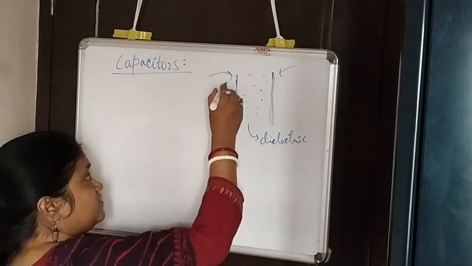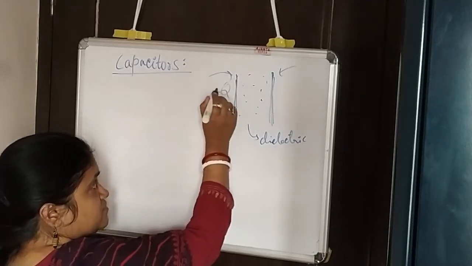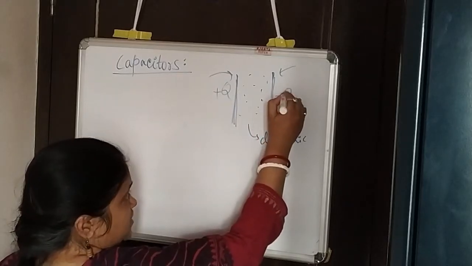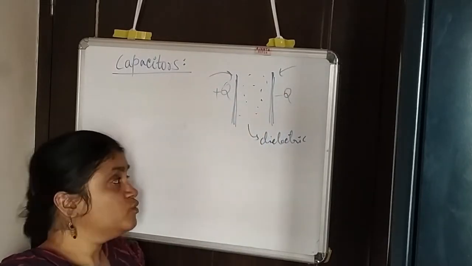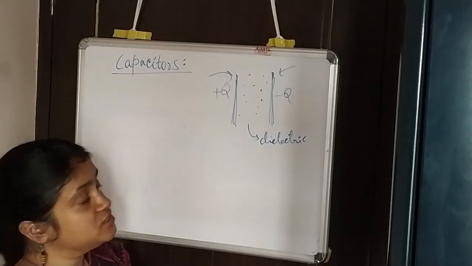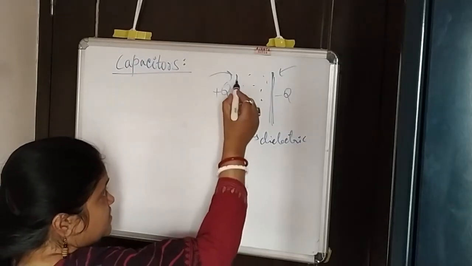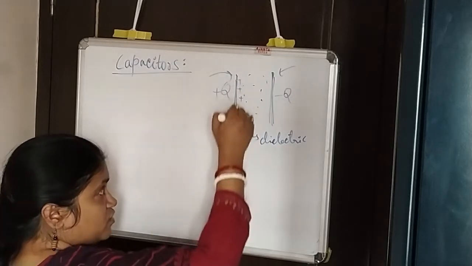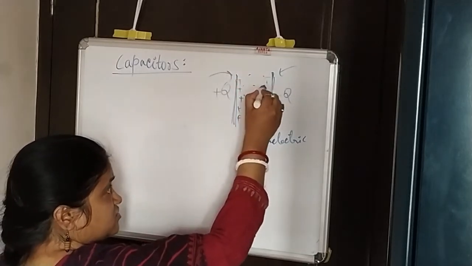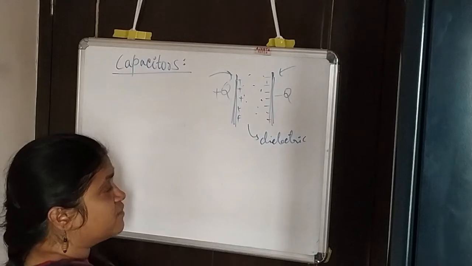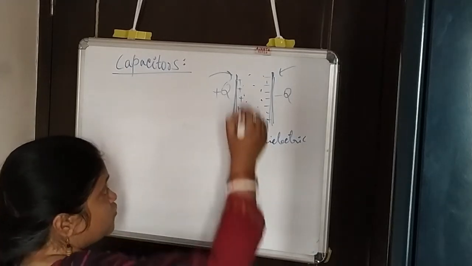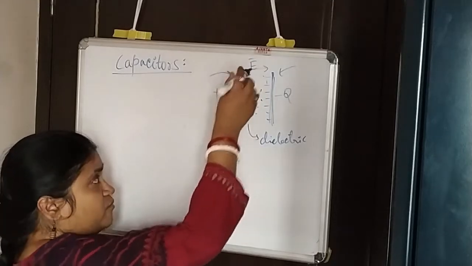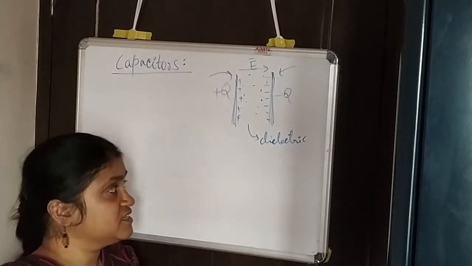Let's suppose we give them charge Q. So this plate or this side has a plus charge, this side has a minus charge Q, which is same amount but opposite charges. So the inner side of this conductor would have all the plus charge region, and this side is minus charge region. Therefore, there is an electric field which is directing from positive to the negative side.